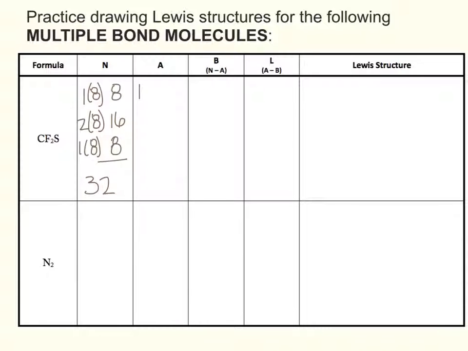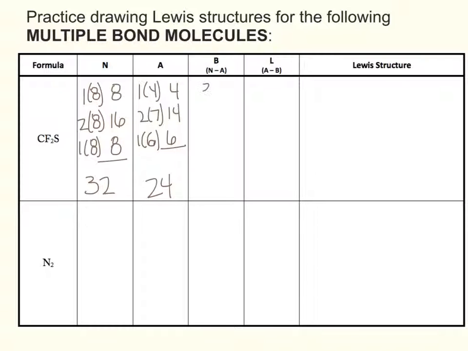Looking at the valence electrons, so we can calculate available electrons, we have 4 valence electrons for carbon. There are 7 for each fluorine, giving us a total of 14. And sulfur's valence electron number is 6. Add these together for 24.